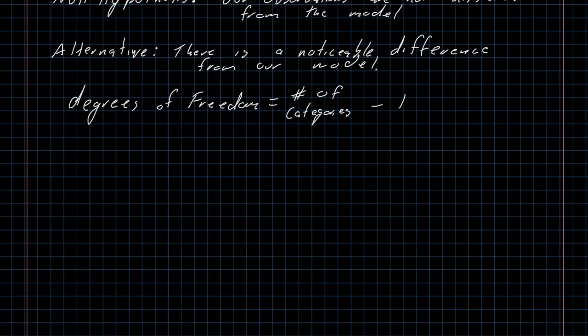In the goodness of fit test, the degrees of freedom for the test is the number of categories minus 1. In our case, in this example, we had 5 categories: red, blue, green, yellow, and orange. Subtract 1 gives us 4.